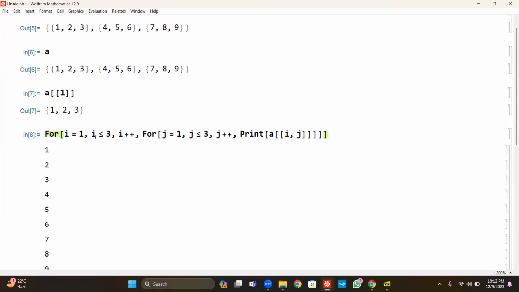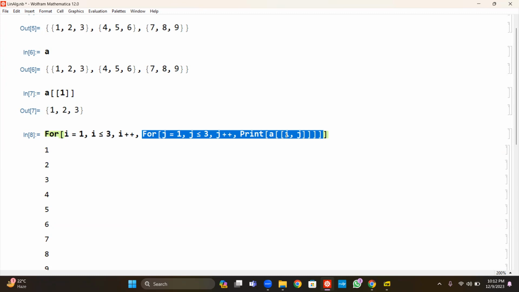And for i equals 1, since 1 is less than 3, the condition is true. So the statement is executed, and the entire statement is highlighted here. The entire For statement is the statement for just i equals 1. So for just i equals 1, the nested For runs from j equals 1 to 3, and it prints A[[1, j]] for j equals 1 to 3.